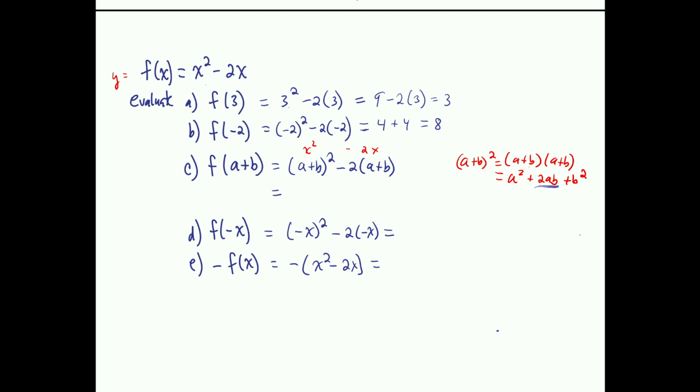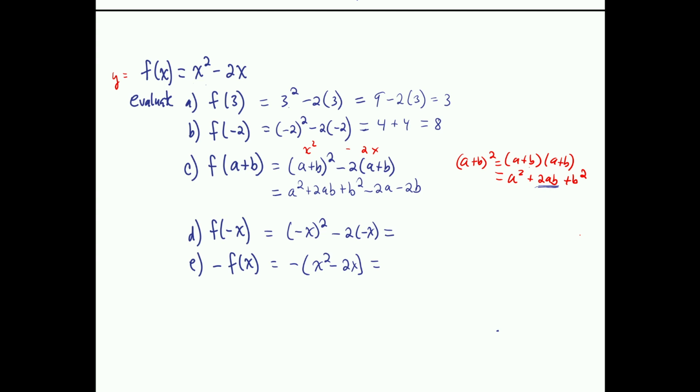So you don't forget this middle term, that 2ab. So we're going to get a squared plus 2ab plus b squared. Distribute the minus 2 through, we'll get minus 2a minus 2b, and there's no like terms that we can combine there, so that would be it for that.